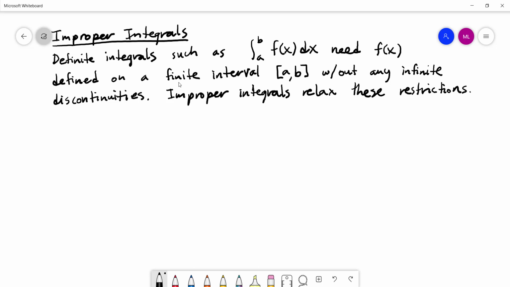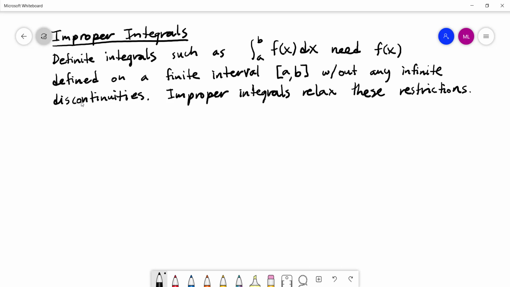One is this word right here, finite. We need our interval to be finite. One of the things we're going to relax is this idea of having a finite interval. The second one is the idea of infinite discontinuities. We are going to relax the need to have no infinite discontinuity. So basically no asymptotes. We're going to relax that possibility.